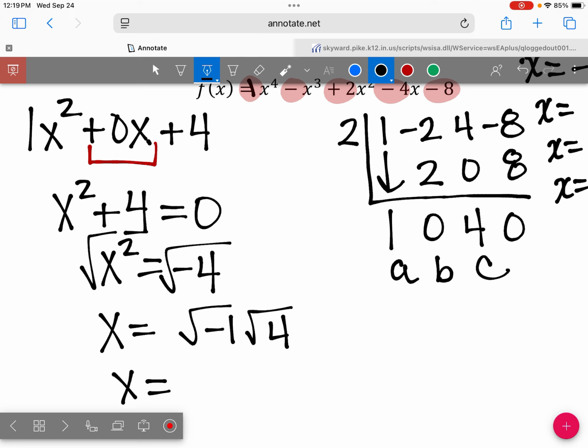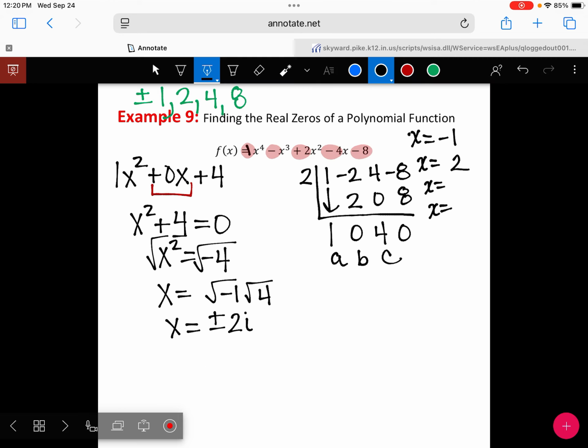Who remembers what the square root of negative 1 is? And what's the square root of 4? 2. This represents 2 answers though. Whenever you take the square root, that's 2 answers. So my final 2 answers are positive 2i and negative 2i.